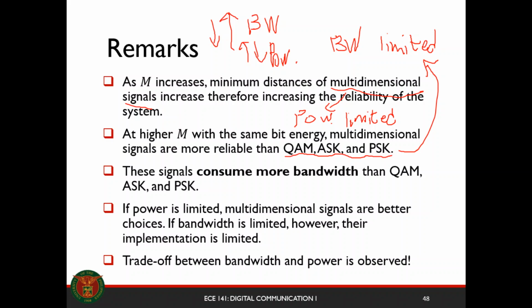Basically, aside from learning all these QAM, ASK, PSK, FSK, bi-orthogonal signals, simplex signaling, and so on, you observe some form of trade-off between bandwidth and power. This is actually, I believe, not seen in analog signals at all. For digital signals, you consume more bandwidth so you can reduce the power, or vice versa.